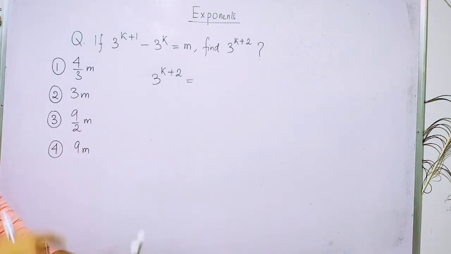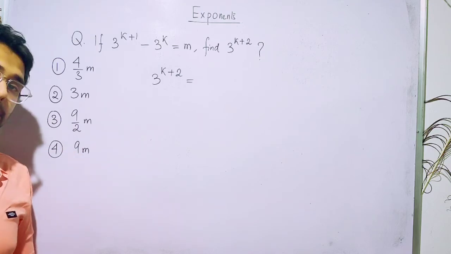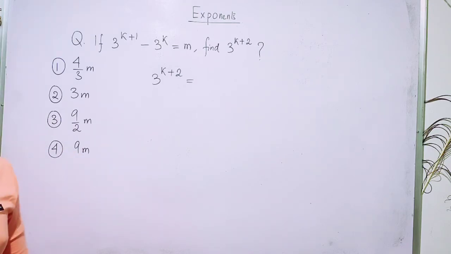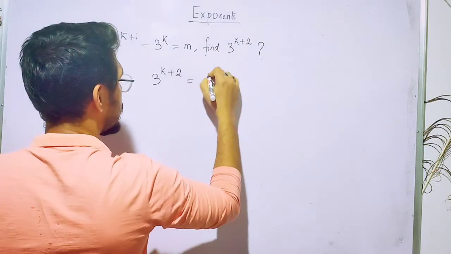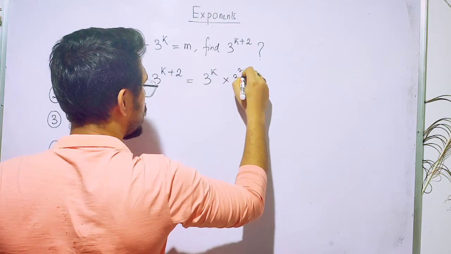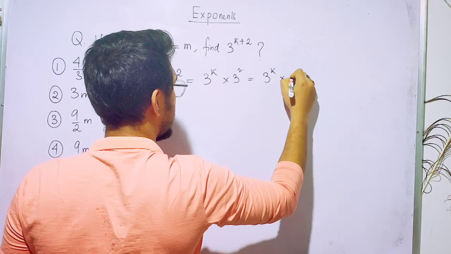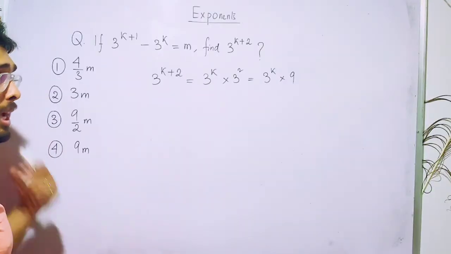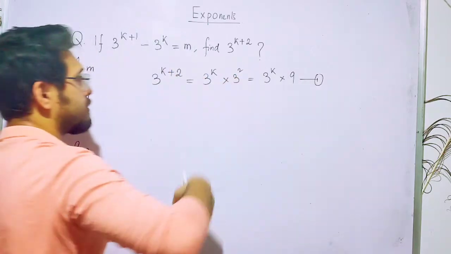If you reverse it, that would be a to the power of m plus n equals to a to the power of m multiplied by a to the power of n. So here it will be 3 to the power of k multiplied by 3 to the power of 2, which can also be written as 3 to the power of k multiplied by 9, which is 3 to the power of 2. Let us keep it as equation 1. We will use it later.